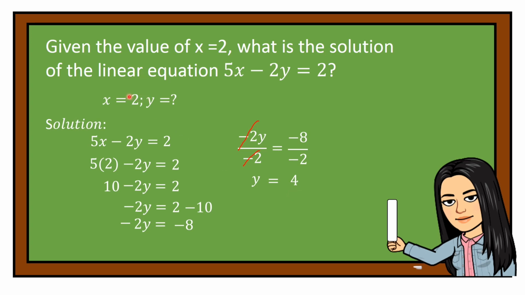Therefore, if x is equal to 2, the value of y is equal to 4. So the solution of the given equation 5x minus 2y is equal to 2 will be the ordered pair 2, positive 4.